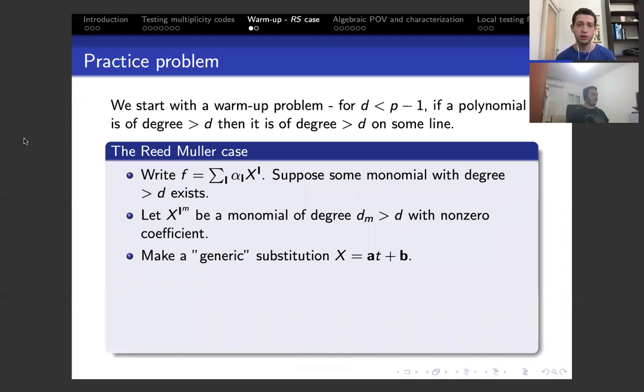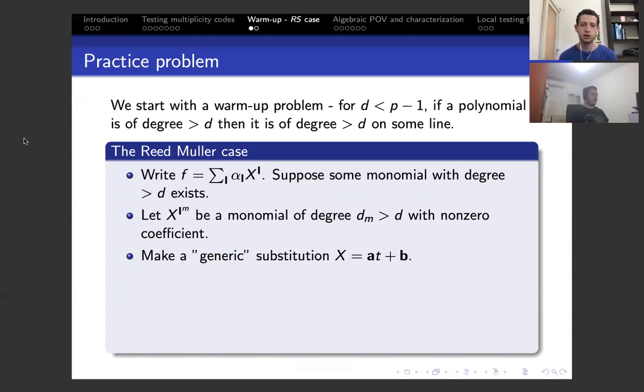We write this polynomial out as a combination of monomials, where this shorthand x to the I means a product x1 to the I1, x2 to the I2, etc. And we know that at least one monomial is of degree larger than d. So let's focus on one monomial. We'll call it I_M, with degree larger than d, and remember it for later.